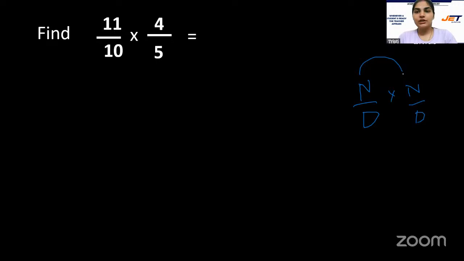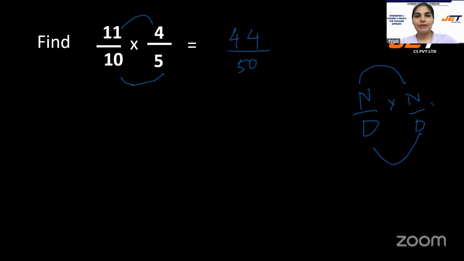Numerator will get multiplied by numerator, denominator will get multiplied by the denominator. 11 times 4, 44. 10 times 5, 50. It's 44 by 50. That's it. You don't have to do anything else here. Just the numerator being multiplied by the numerator and denominator being multiplied by the denominator. It's that easy.